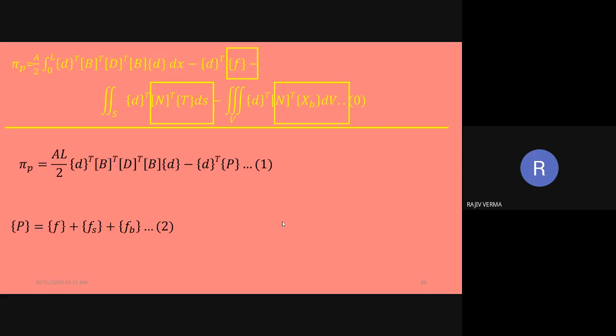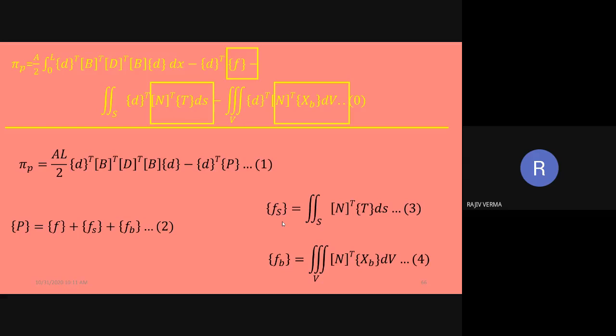We have F, which represents point forces, Fs representing surface forces, and Fb representing the volume forces. And the expressions of surface forces and volume forces are given by equation number 3 and equation number 4.